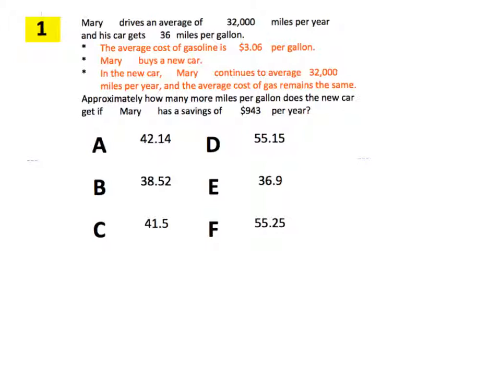Okay, so she drove 32,000 miles in 1 year, and her car gets 36 miles per gallon. So what do I do to find out how many gallons she used? X. Okay, we can let it be X, but what do we do to find it?